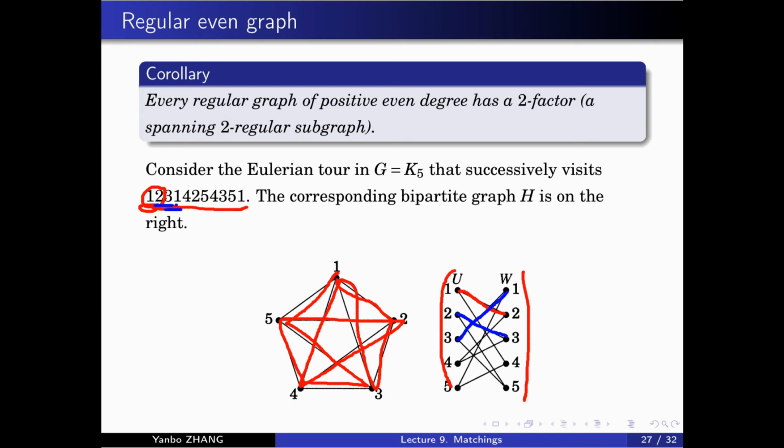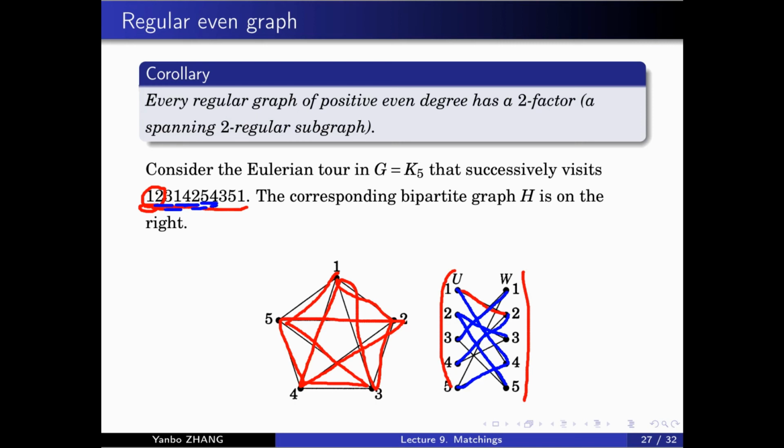There is an edge 1, 4 on the tour, so we have an edge from 1 to 4. There is an edge 4, 2 on the tour, so we have an edge from 4 to 2. There is an edge 2, 5 on the tour, so we have an edge from 2 to 5. There is a 5, 4 on the tour, so we have the edge 5 to 4.